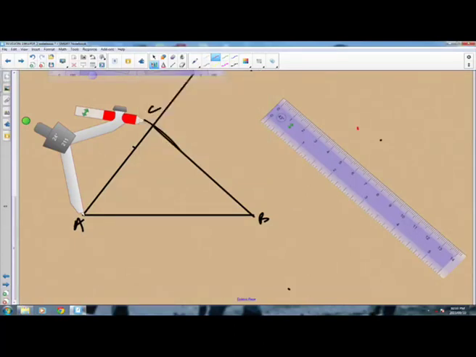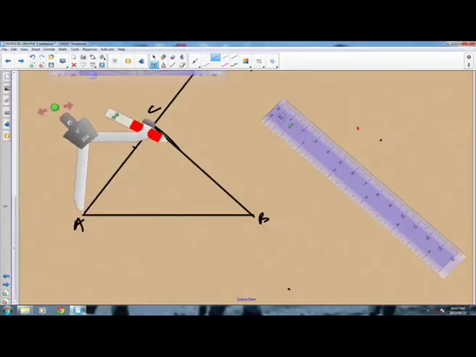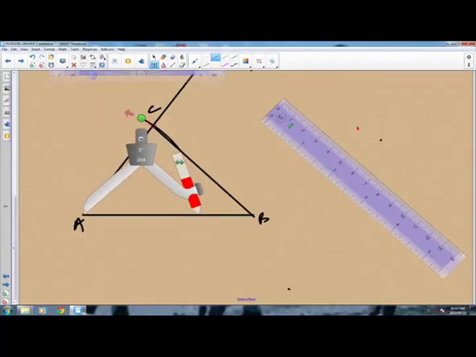After putting the compass point at A, you open your compass to at least more than half the line AB. It should not be less than half the line AB. It has to be more than half line AB. And make sure that the compass point is at A.